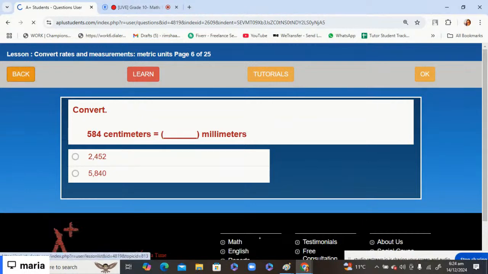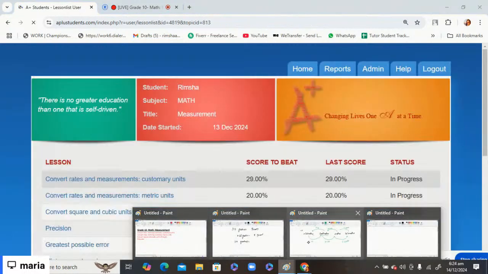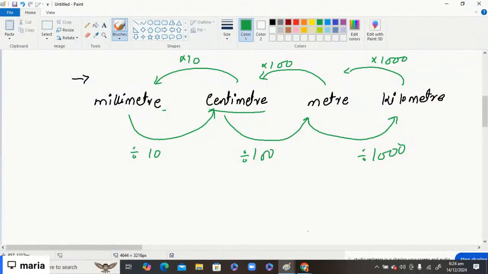Okay, hope you guys understand this lesson. I'm going to repeat it again. If you are converting smaller units like millimeter, then centimeter, then meter, and then kilometer, converting smaller to bigger, just dividing. But when you are going to convert bigger to smaller, like kilometer to meter, then meter to centimeter, centimeter to millimeter, you are just going to multiply with 1000, 100, and 10.